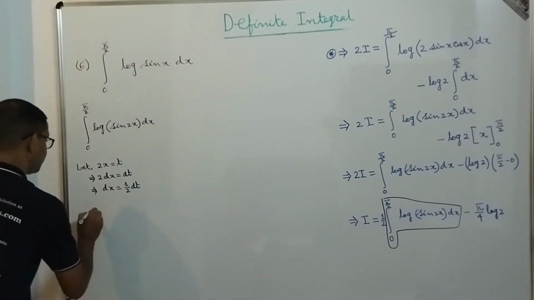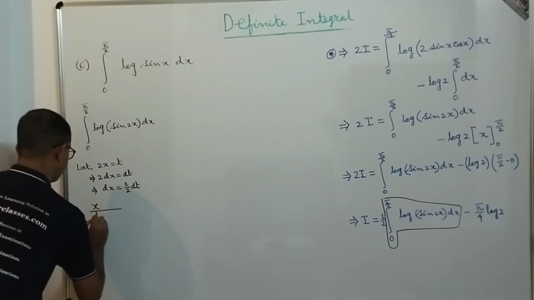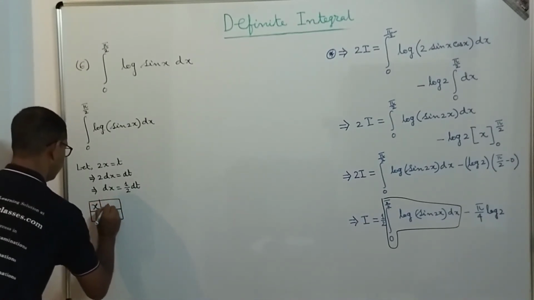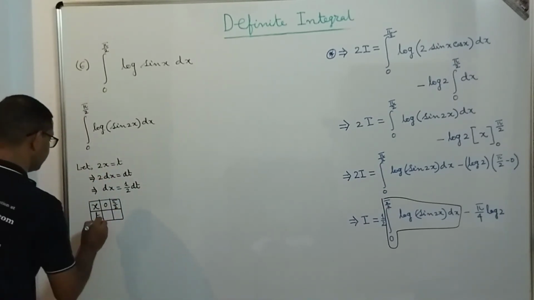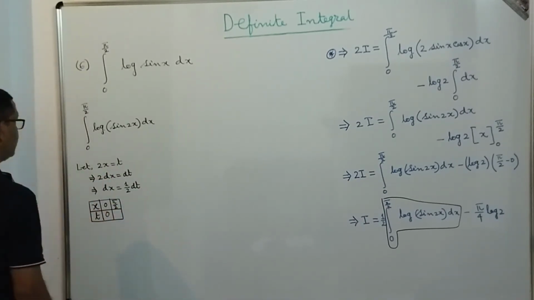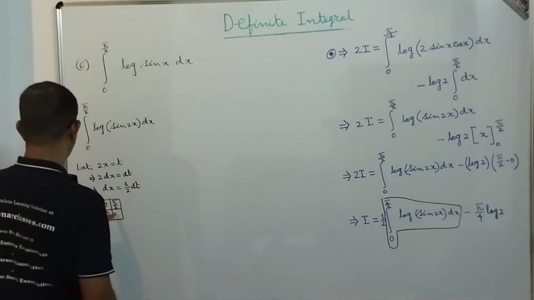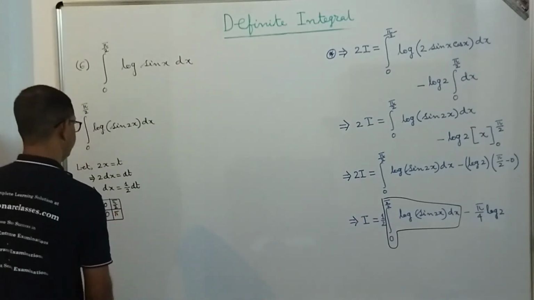We also change the limits of x and t. The lower and upper limits of x are 0 and pi by 2 respectively. When x is equal to 0, t is equal to 2 into 0, that is 0. When x is equal to pi by 2, t is equal to 2 into pi by 2, that is equal to pi.